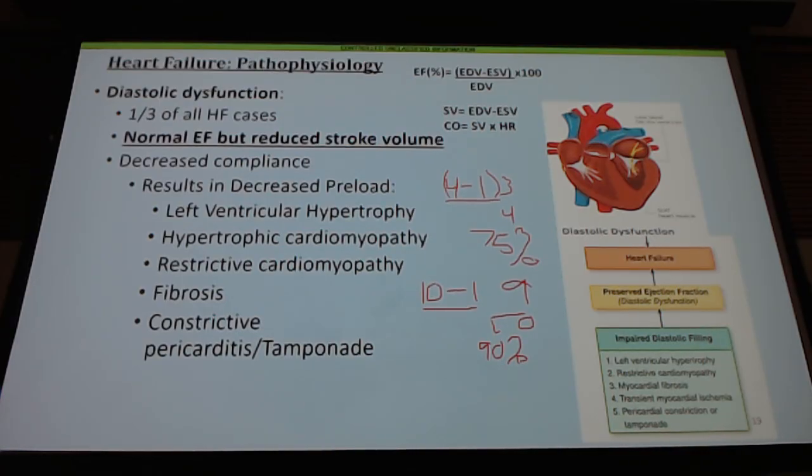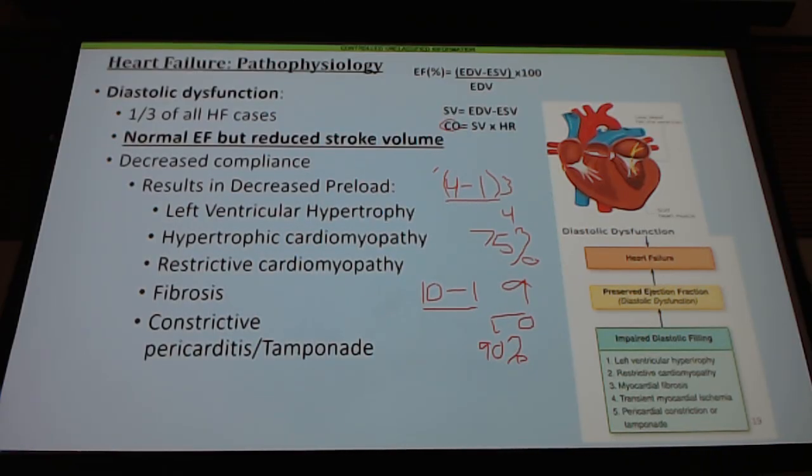So both not reduced, both normal, both look okay, but why is it that this one is in the heart failure category? It comes down to, now we have to take this and calculate our cardiac output.